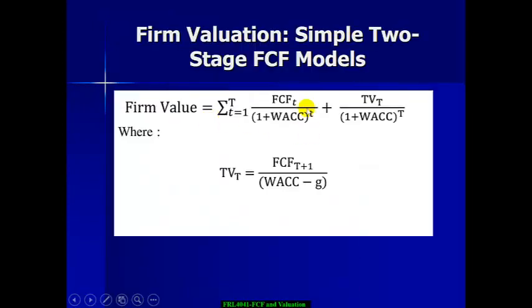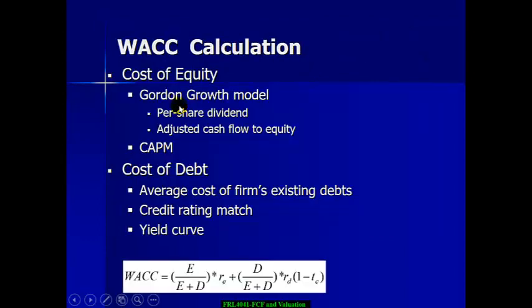Another important thing we need to prepare is figuring out the weighted average cost of capital before we do the firm valuation. Typically, cost of equity and cost of debt are the two major costs we need to estimate. We can use different models, such as CAPM, for cost of equity. For cost of debt, we can use a credit rating match. For example, if the credit rating is A for their main corporate bond, then we can use the average yield for this type of bond as a proxy.